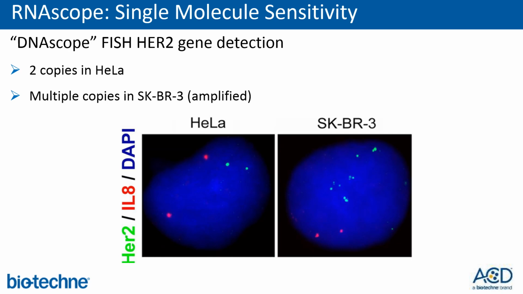So this is the same probe being used under conditions which expose genomic chromatin, and this assay is now showing two dots, which again emphasize the fact that a dot corresponds to a single molecule, whether it's an RNA molecule under an assay condition that's intended to detect RNA, or as shown here, the same probe detecting two genomic loci in HeLa cells, which are wild type for HER2, and multiple loci in the case of SKBR3, which is amplified for the HER2 locus.